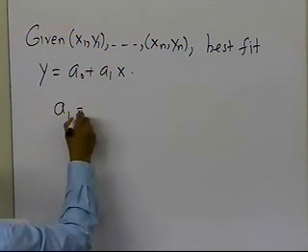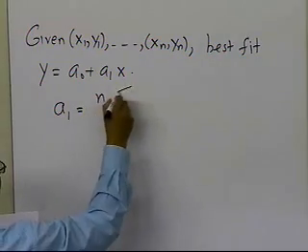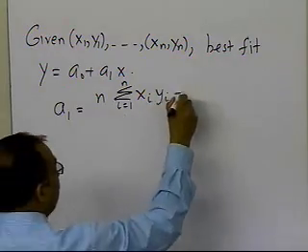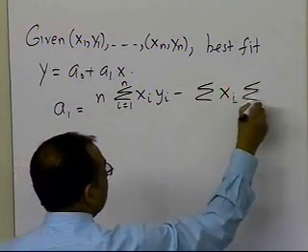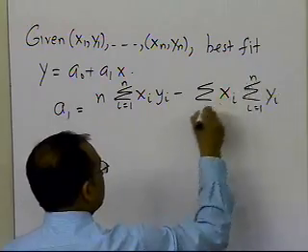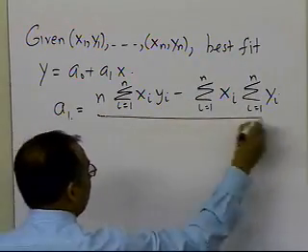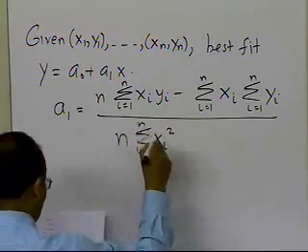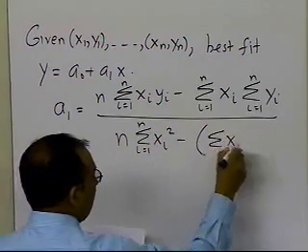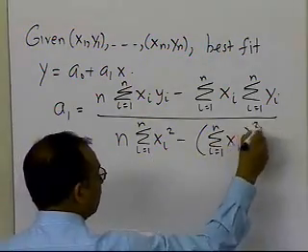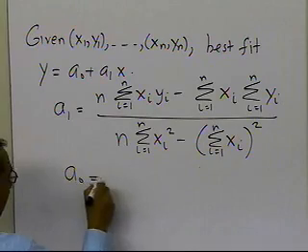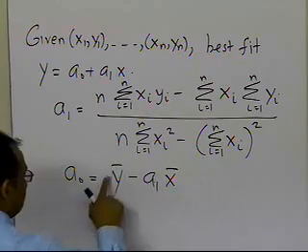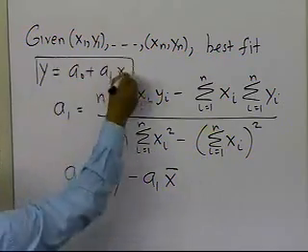We got a1 equal to n times summation x of i, y of i, i is equal to 1 to n, minus the summation of x of i, summation of y of i, divided by n times summation x of i square, i is equal to 1 to n, minus summation x of i, i is equal to 1 to n, square. And then a naught we got as y bar minus a1 x bar. So this is what we obtained when we had y is equal to a0 plus a1x.